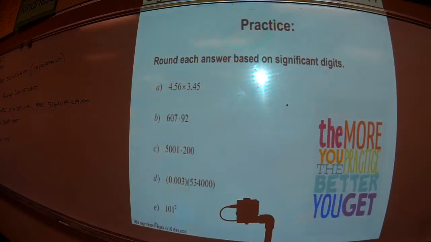Beautiful. Now you're working out the rounding. You did the multiplication, now you're working out the rounding. Good.